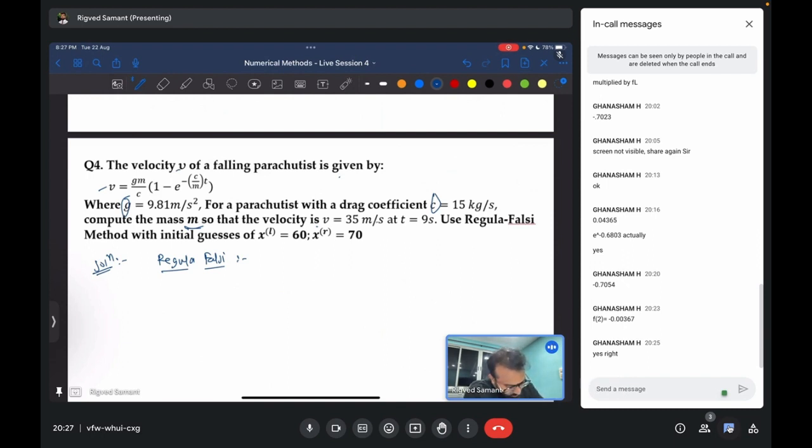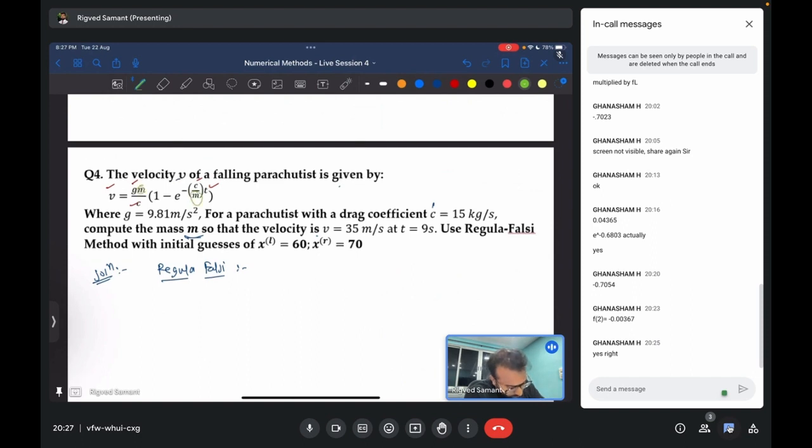So in this equation, you know the value of v, g, c, and t. So the only unknown here is m, right? So you have to find that. Okay.